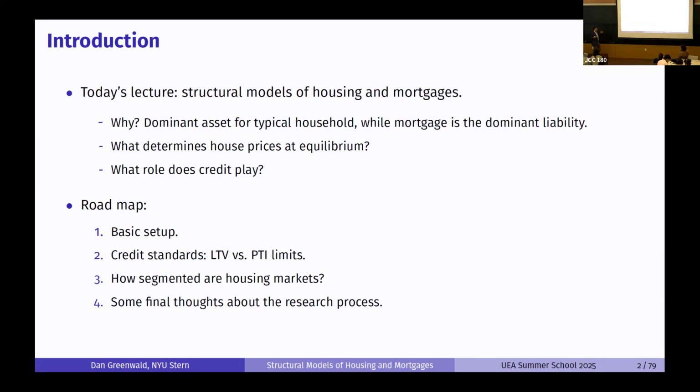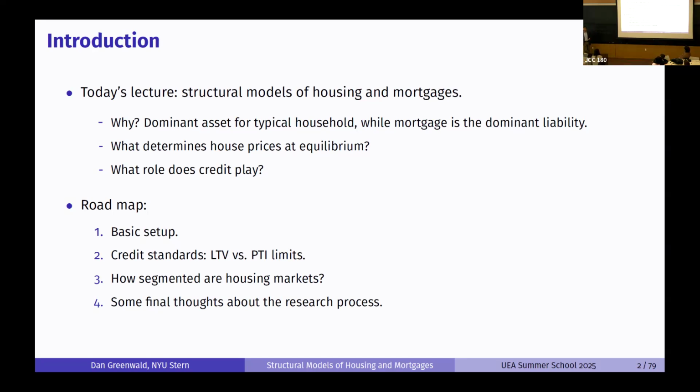Usually when I come into a room and start talking about housing and mortgages, I need to do a lot of song and dance to motivate why this is an important topic. In this room, probably not so much, right? But what really got me interested in this field, as a finance or macro-based person, is how important this is for the typical household balance sheet. As you may know, the typical household doesn't really have much in terms of directly held stocks or bonds.